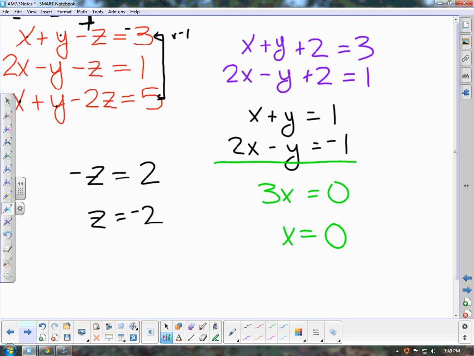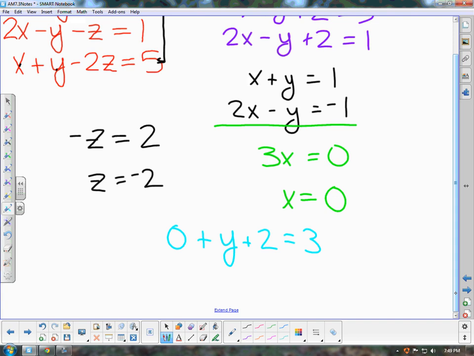And then picking any one of the equations, 1, 2, or 3, we're going to go with 1, so it's 0 plus y plus 2 equals 3.